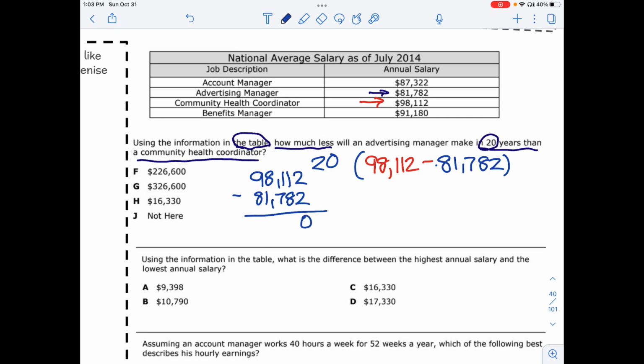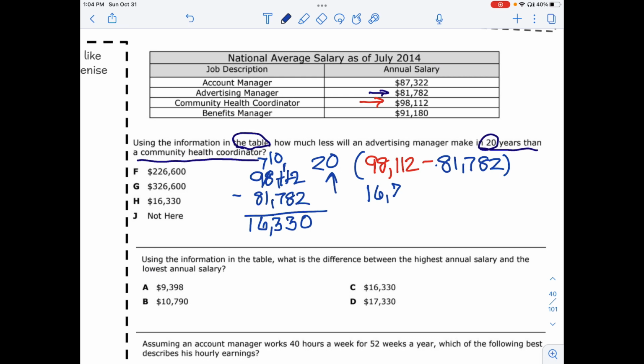I have 0, and I'm going to have to borrow. Oops, I haven't borrowed yet. Let me change that. So that's 0. That turns into 11, which gives me 3. 7 minus 1 is 6. That gives me 16,330, but I still have to multiply by 20.